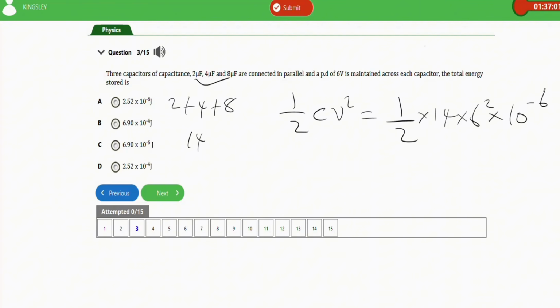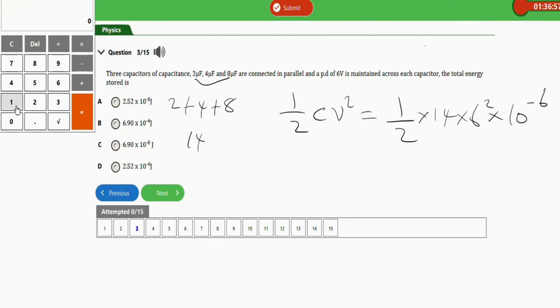So let's punch this into the JAMB calculator. So this is 14 times 6 times 6 times 10 to the power negative 6. Divide this by 2.